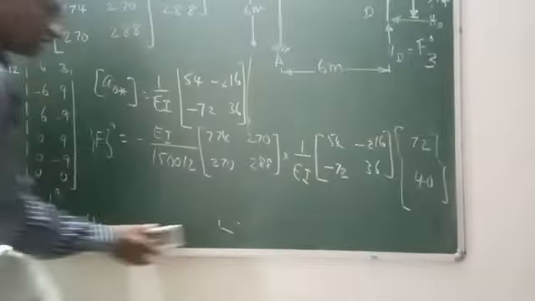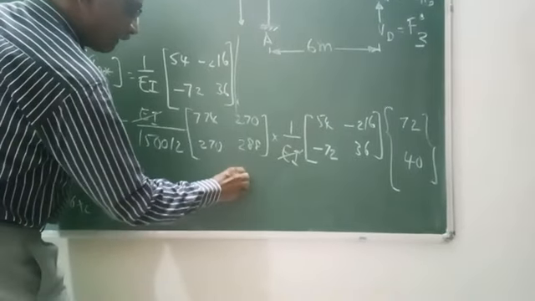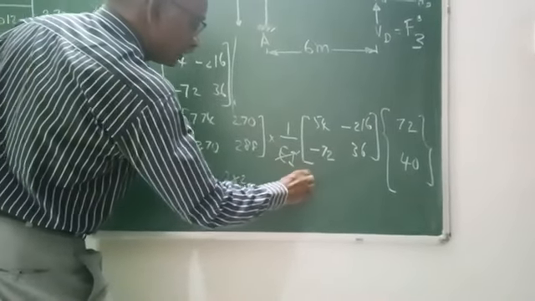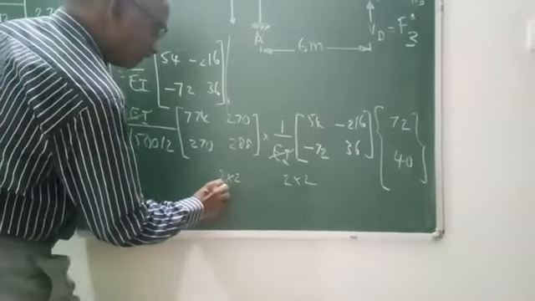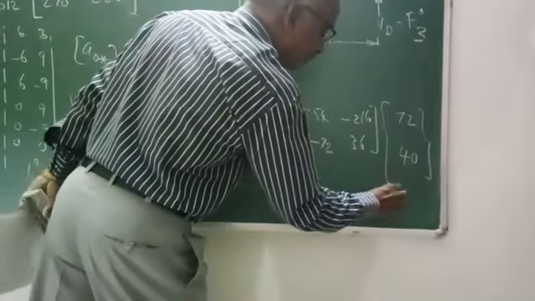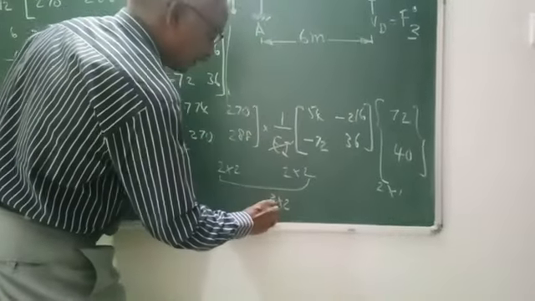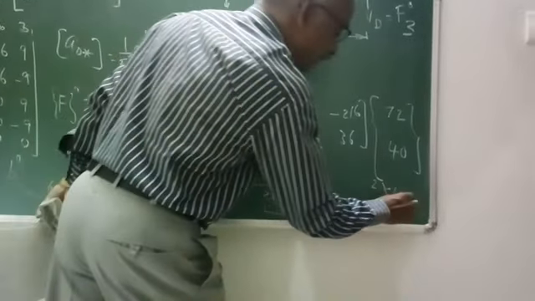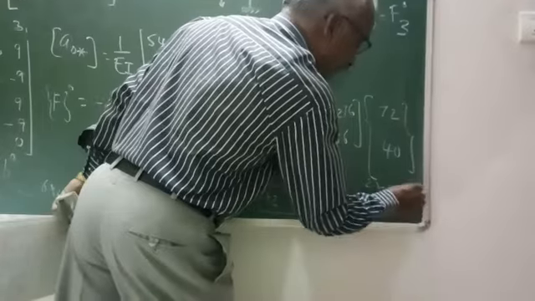Now EI will get cancelled. This is 2 by 2, this is also 2 by 2, so the product will be 2 by 2, and this is 2 by 1. So multiplying these, you will be getting 2 by 1.